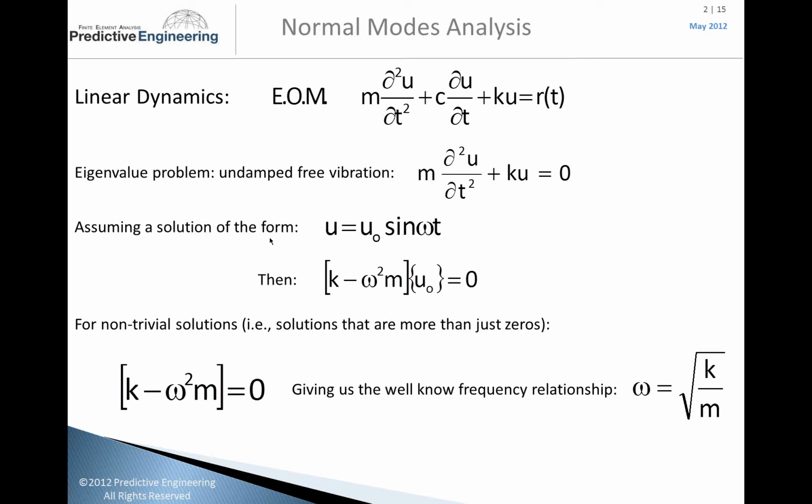That's where you get your stiffness minus your frequency squared times mass, times your U naught equals 0. To not have a trivial solution, you have to say that your stiffness minus W squared m is equal to 0, giving us the well-known frequency relationship, W equals the square root of K over M. And this is normal modes analysis.